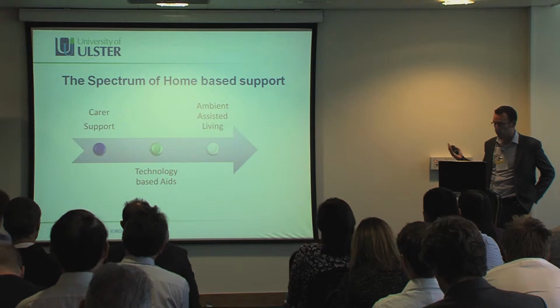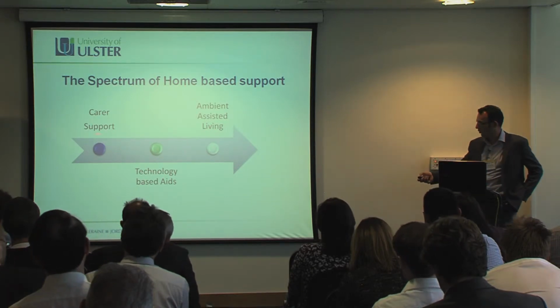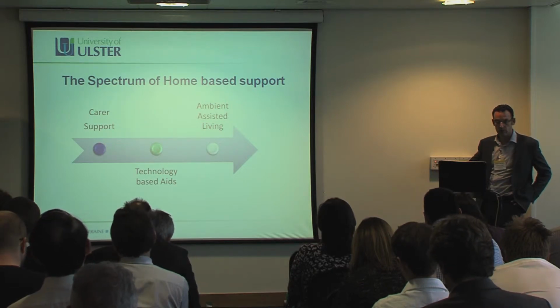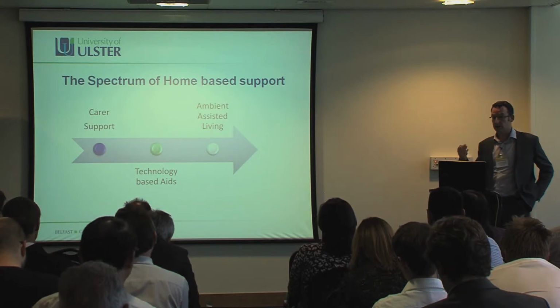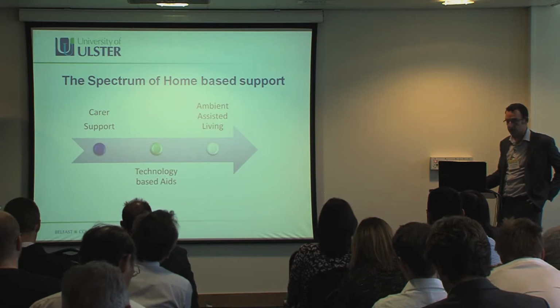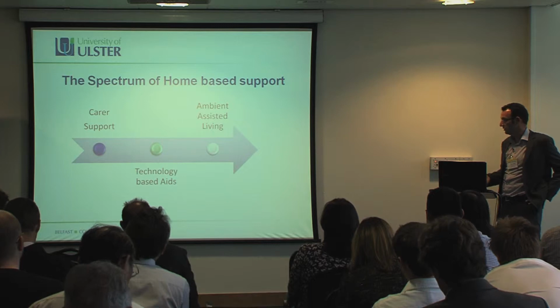So if we look at where we are in the spectrum of devices for home-based support, at one end we have human intervention or care support, and that might be, for example, someone making a telephone call to say, take your medication. And then we've moved on a little bit to technology-based aids, for example electronic medication reminder devices.